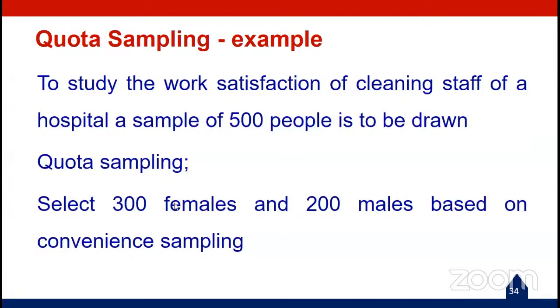So we divide based on some percentage quota, male quota, female quota. It is a non-probability equivalent of stratified sampling. We divide our population into subgroups, however, we select the sampling units non-randomly.